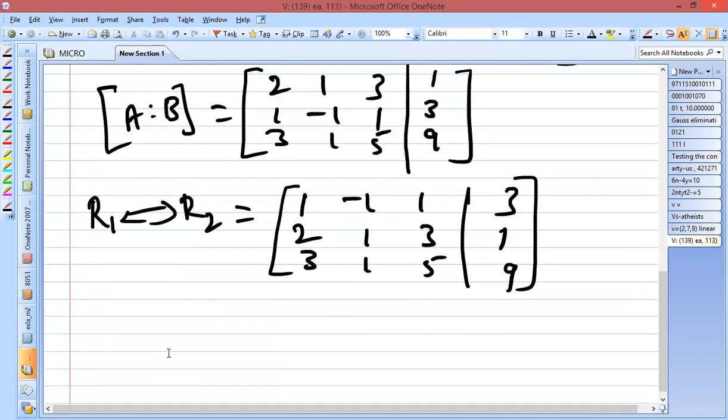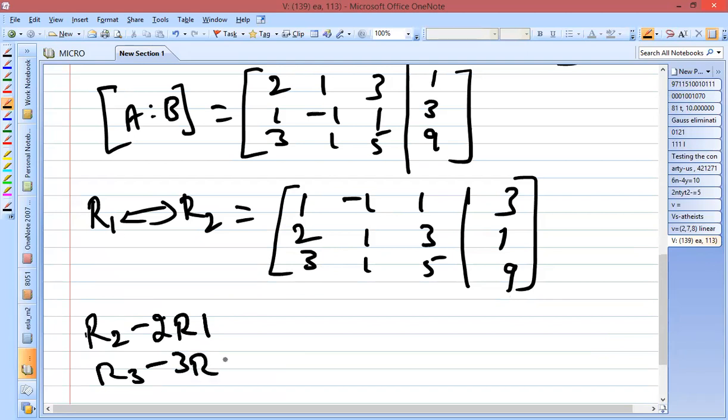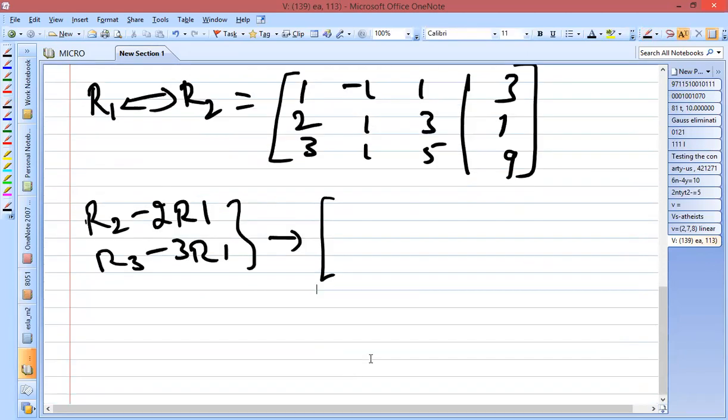Then, what is the next operation you can use to make the first element in the second row 0? R2 minus 2 R1, yes. And similarly, to get the third row element 0, R3 minus 3 R1. Perform these two operations and write the reduced one. So what do you get? 1, -1, 1, 3 will be there.